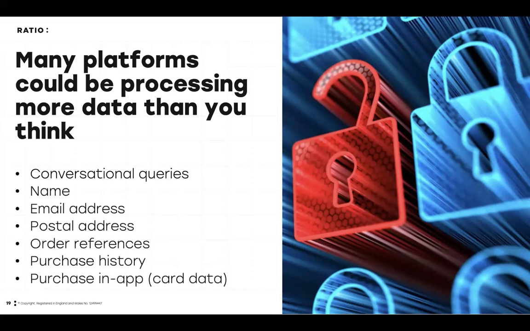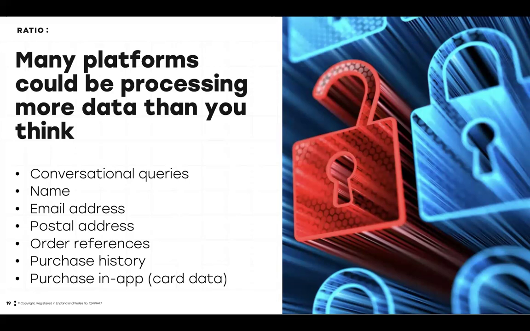But during those conversations, you might inadvertently be collecting a whole heap of data that you don't want to be collecting, or that the platform isn't authorized for. So, name, email address, phone numbers. If you're purchasing through the app, you could be processing card data, which is a big red PCI flag. So these things need to be considered.